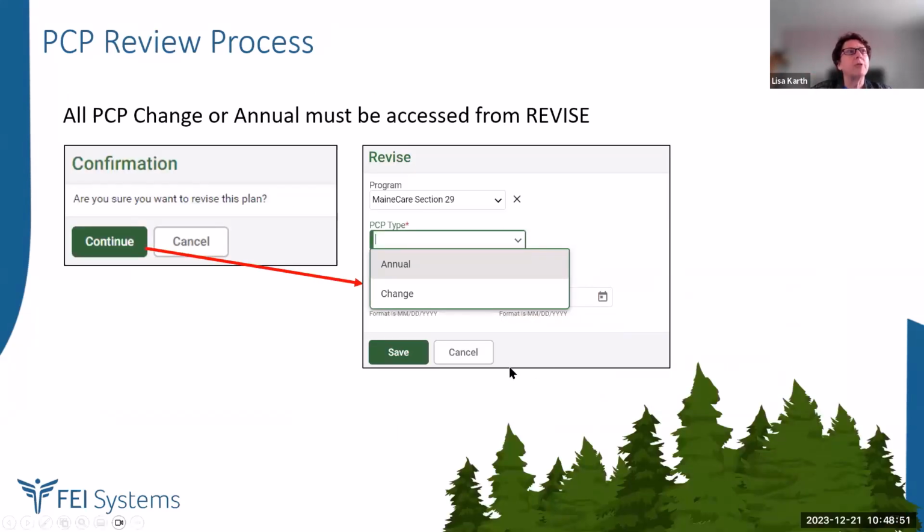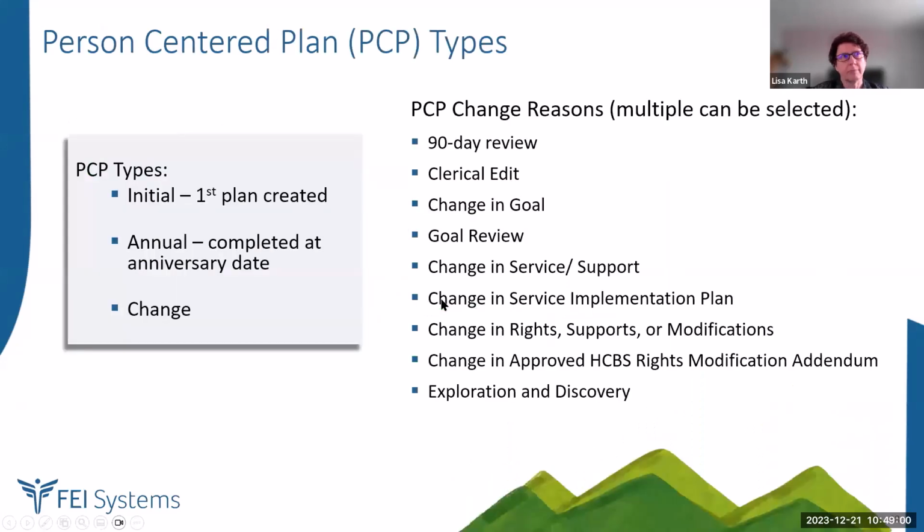Now, you do have to identify if this is an annual or if it's a change. And again, there's the initial plan, you then have your annual plan, and you have your change. Now, if it's a change, there's multiple reasons that can be selected, or you can select one or multiple ones.